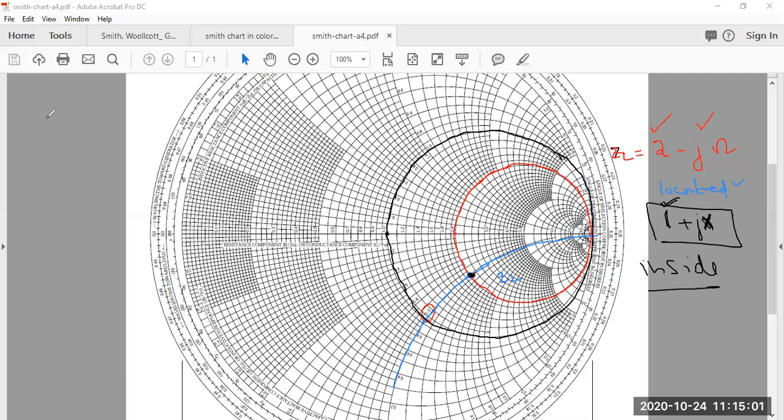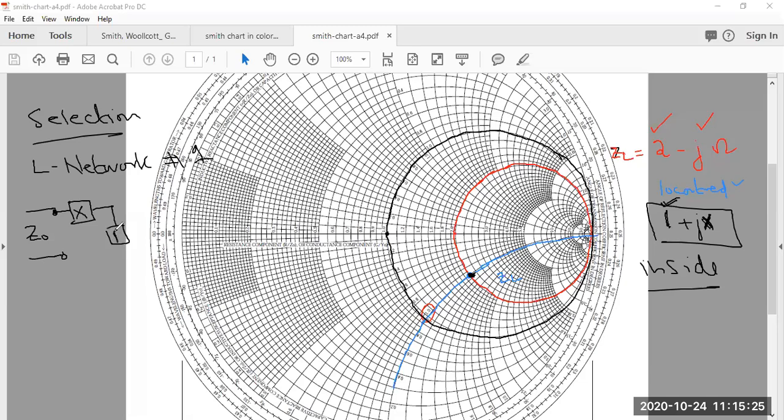So our selection is L network number 1. And how does that network look? If this is the main transmission line, the L network means we have X, we have B, and then it is connected with our load.